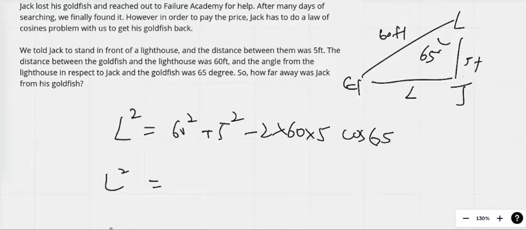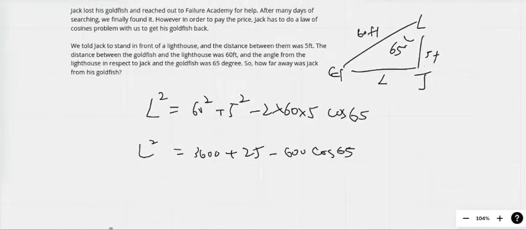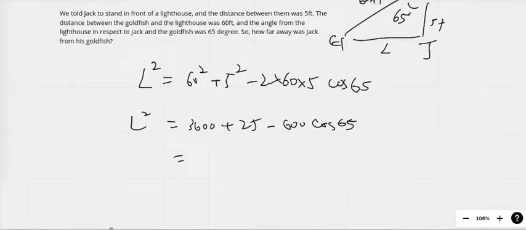L squared is equal to 60 squared, which is 3,600, plus 5 squared, which is 25, minus 60 times 2 times 5, which is 600, times cosine 65. 3,600 plus 25 is 3,625, minus 600 cosine 65.